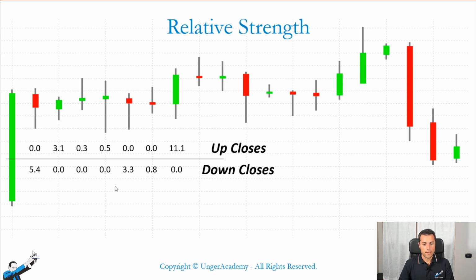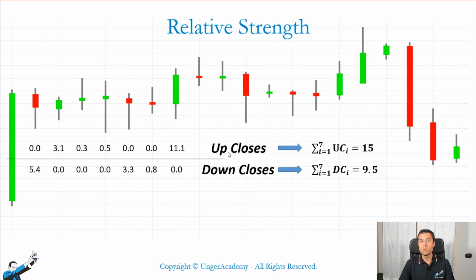Again, once the necessary values have been collected, we can add them together for the purpose of calculating a number that is called relative strength. This number is nothing more than the sum of the up closes divided by the sum of the down closes. The sum of the up closes, so the sum of the closes that are above the closes of the previous bar, is 15.